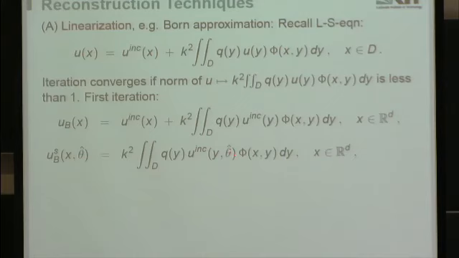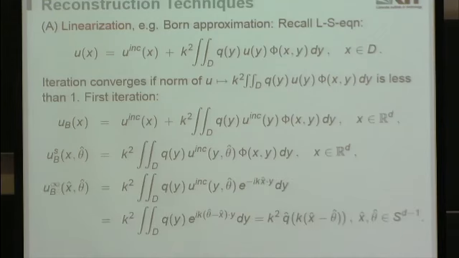Here I again denoted the dependence on the incident plane wave, and if you look at the far field pattern now, you look again at the asymptotic behavior of the fundamental solution, which is given by that, and so you get as a far field pattern this. If you insert the incident field e to the i k theta times y, then you get this simple term here.